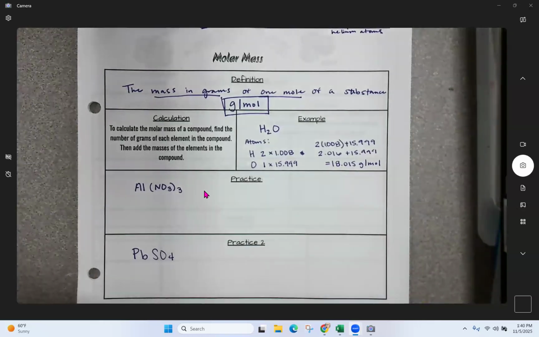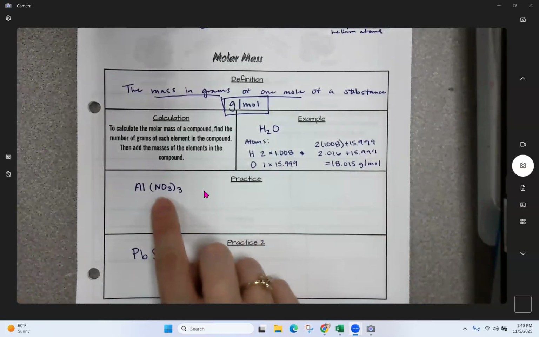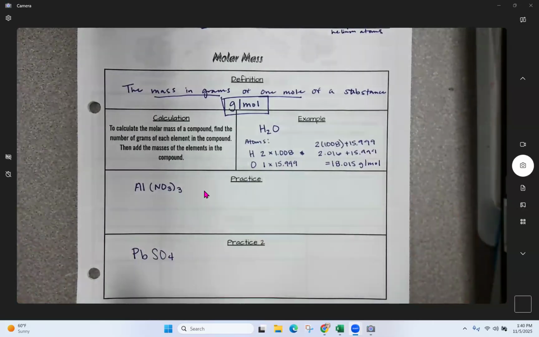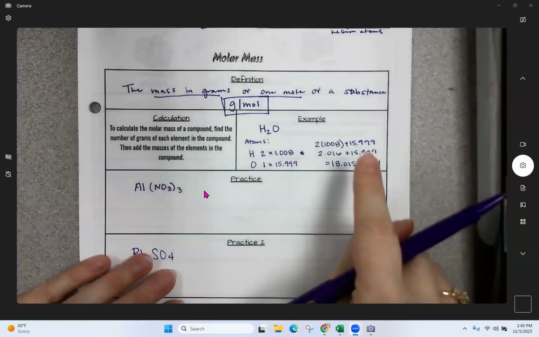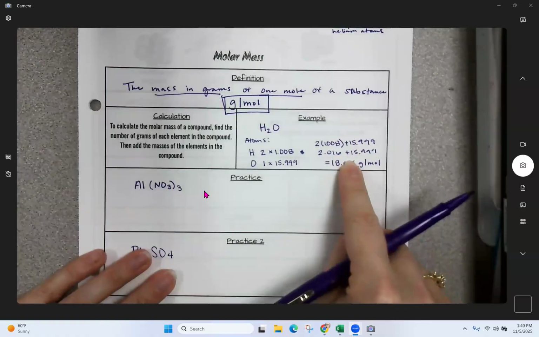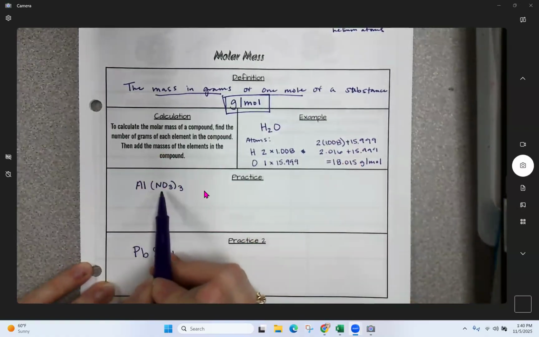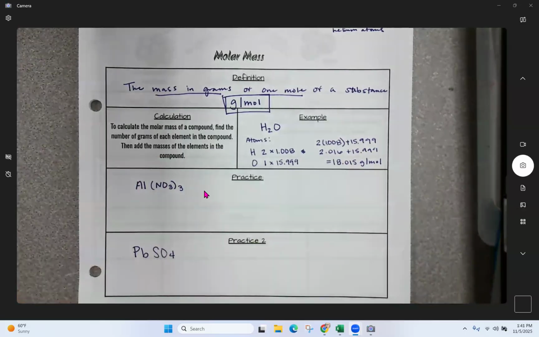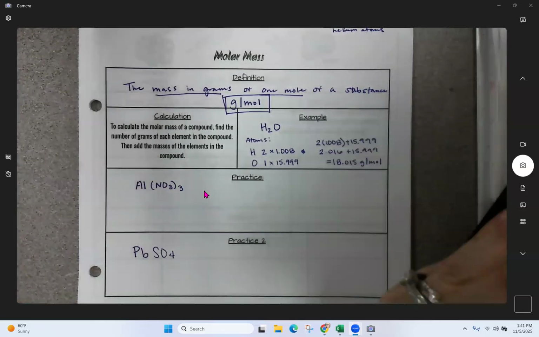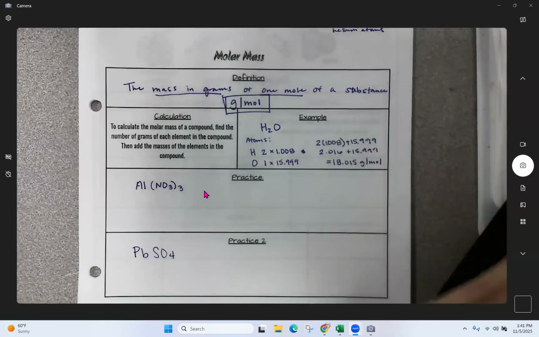So if we come down here to our first sample, you may have already written this in, but I do want to show you another way of writing this out in case the algebraic way makes your brain hurt. So when we're inventorying aluminum nitrate, I think is NO3. NO3 is nitrate.